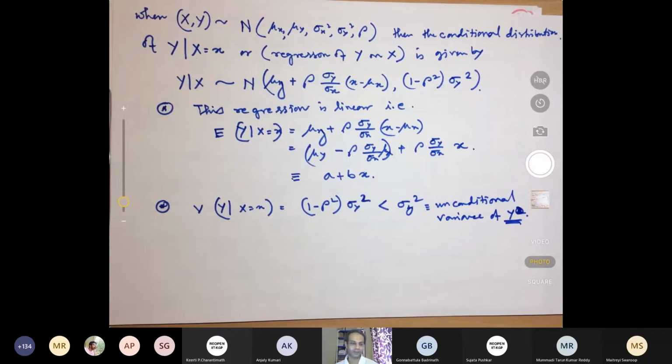Now it is our job to find the conditional distribution of y given x, and in the same way you can immediately get the regression of x given y. It need not be only y given x. You can also have the regression based on x given y, and you need to adjust the coefficients and variables accordingly.